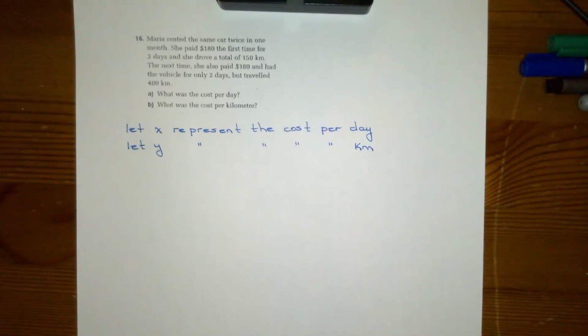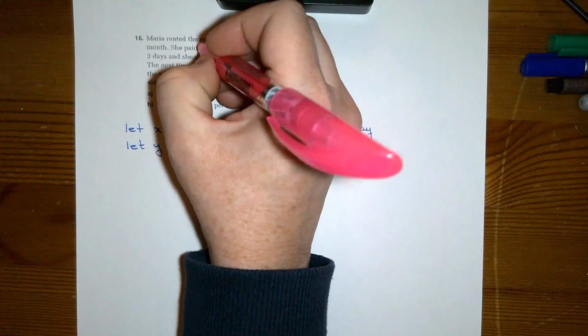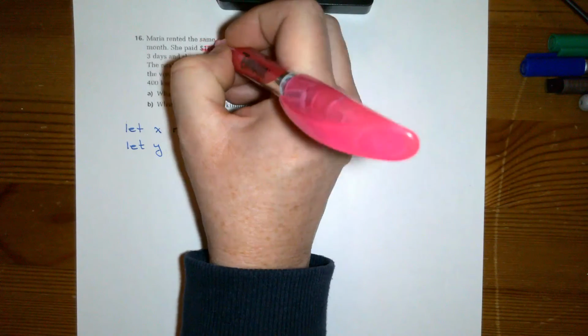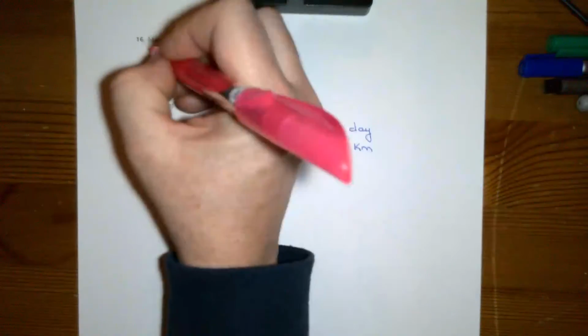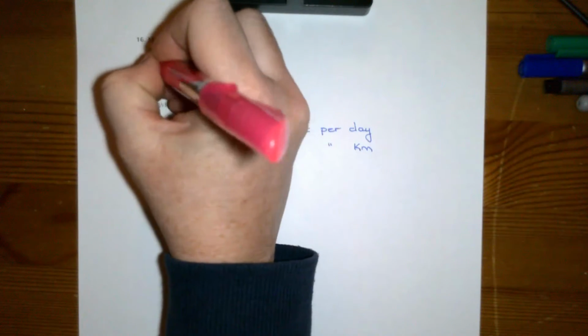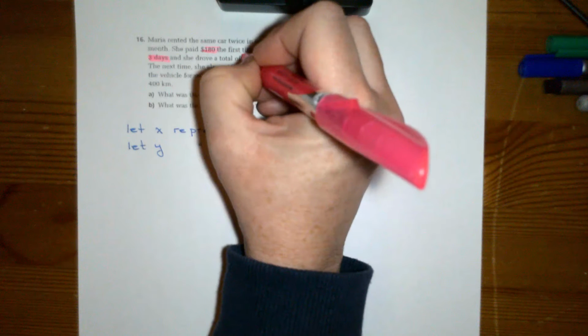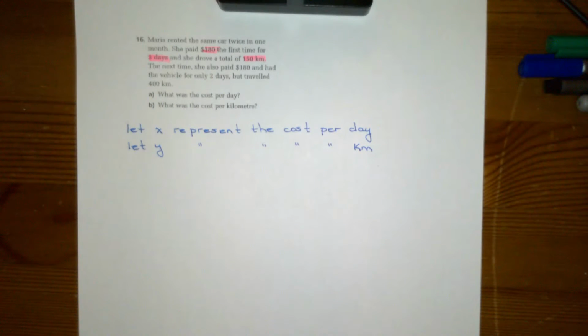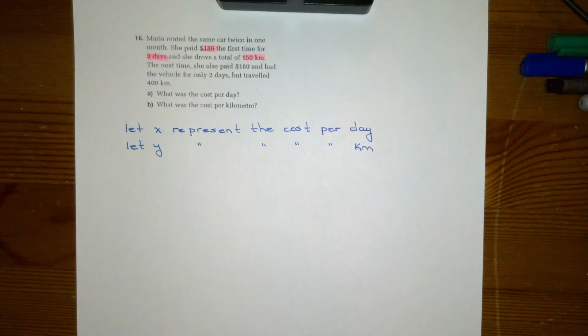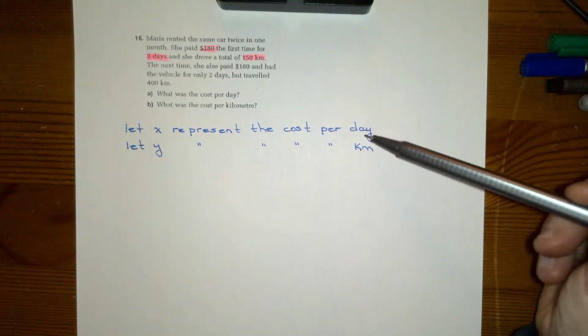Okay, so we know that the first time she paid $180. So that was the cost of the car. And she drove for 3 days and she drove 150 kilometers. So we're going to use that now to make an equation. We know that X is the cost per day.